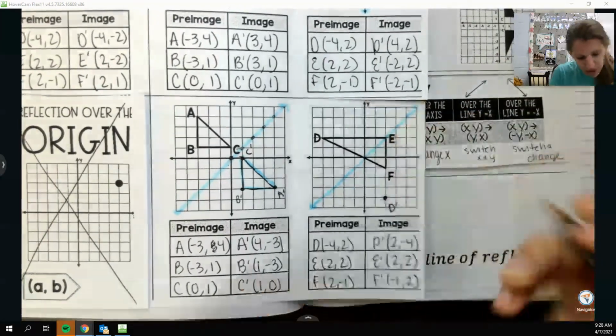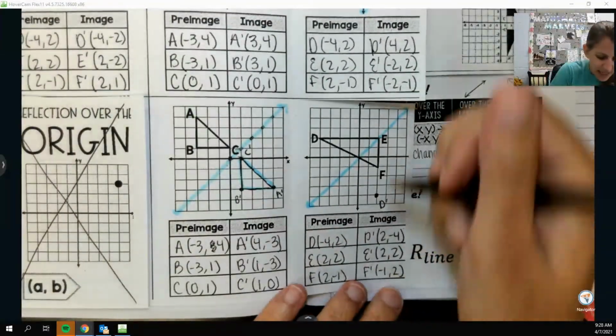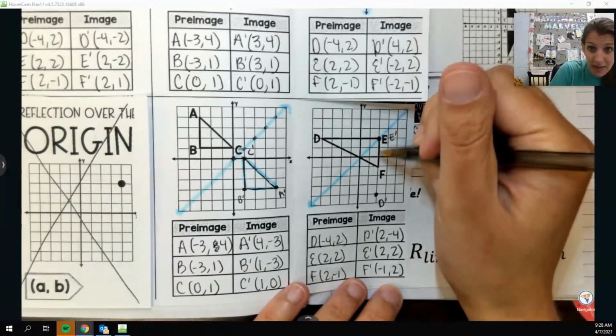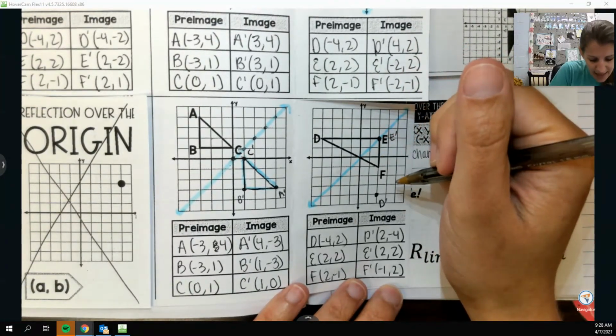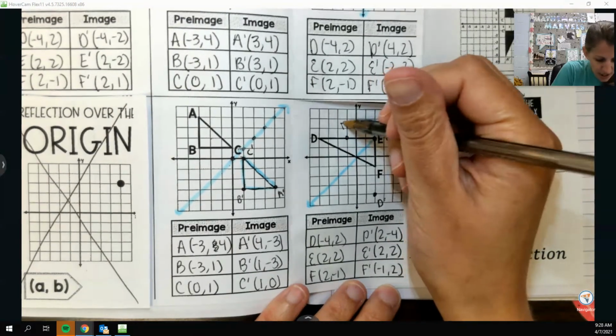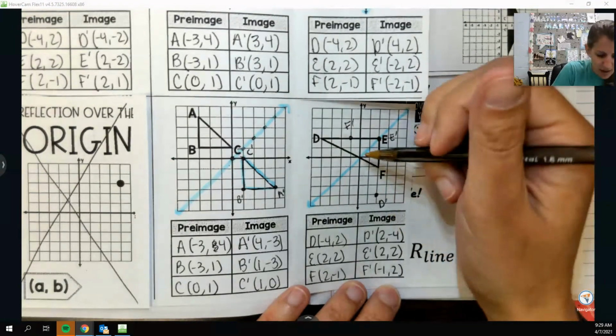Which again feels right to me, like it was over here, now it's over there. E is at 2, 2. Like I said, it stays put because it's on my line of reflection. And then F is at -1, 2, which again feels good and makes sense, because it was over on this side of the line and now it's on that side of the line.